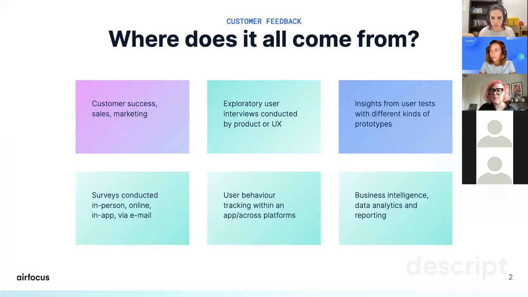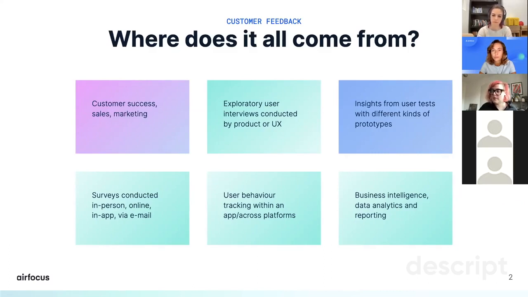Some of it might come from teams that you work with, like customer success, sales, marketing. There might be some stuff that comes in through user interviews that you're conducting. Maybe you're working together with a UX person, a UX researcher. You might get extra insights from user tests with prototypes. Maybe you conduct surveys via email or in your applications.